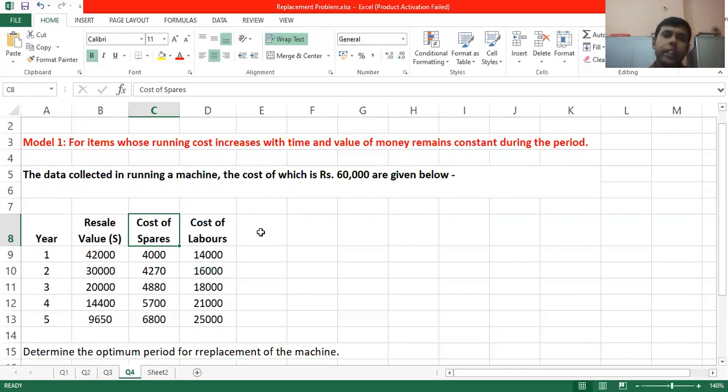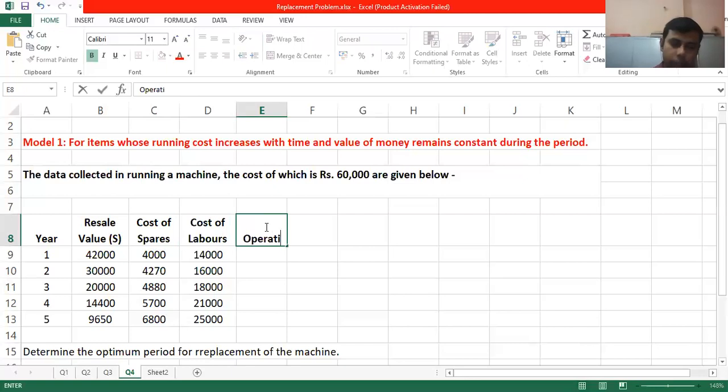That is why instead of maintenance or running cost, the two categories of running cost have been given. If we add it up, we will reach our running cost. So I'm writing it as operating cost, we write it as F.